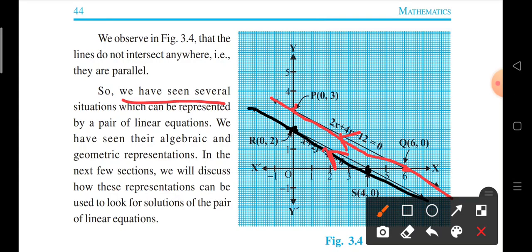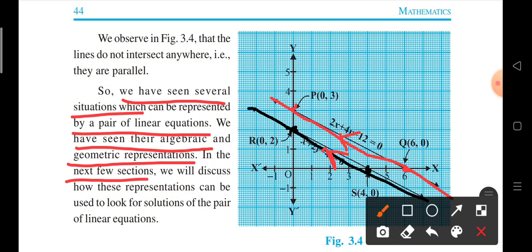So we have seen several situations which can be represented by a pair of linear equations, and we have seen their algebraic and geometrical representation. In the next few sections, we will discuss how these representations can be used to look for the solution of a pair of linear equations.